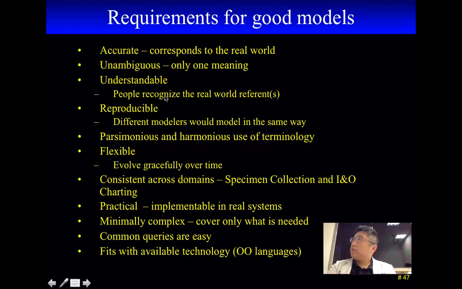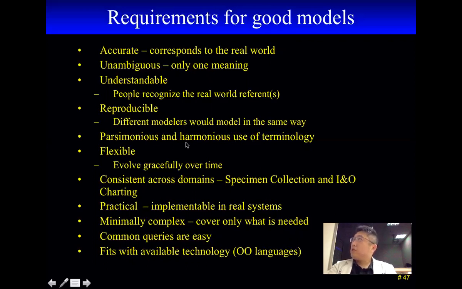You cannot only create something computer readable. LOINC is a good example: they create not only the number code but also a full name, so they have both the code and the name. Next is reproducible. Previously I introduced the two ways to represent it, and the two different models should be transformable to each other.